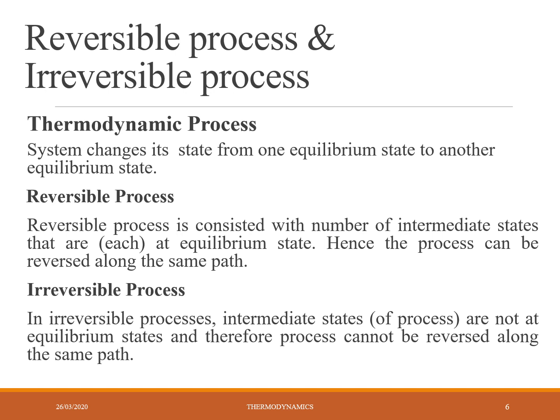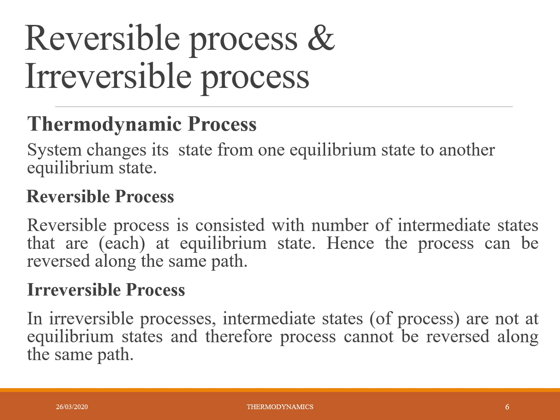Once a process takes place between two states that could not be reversed along the same path, such processes are called irreversible processes. Most of the processes in industry, everywhere in the real world, can be understood as irreversible processes.